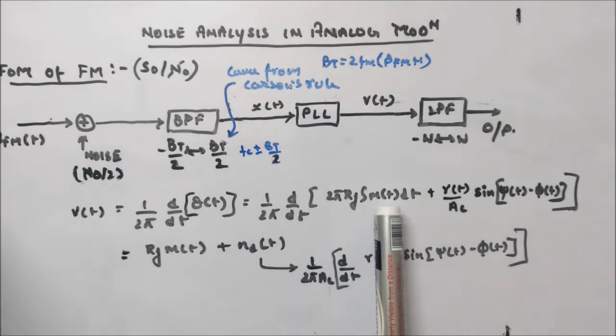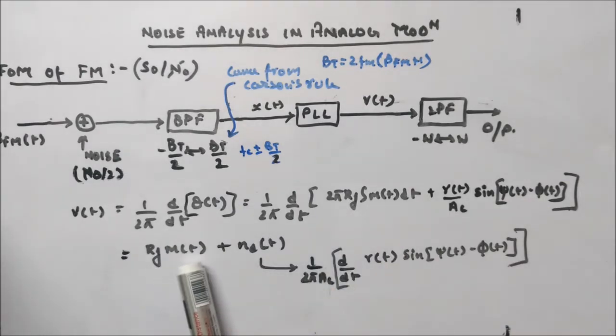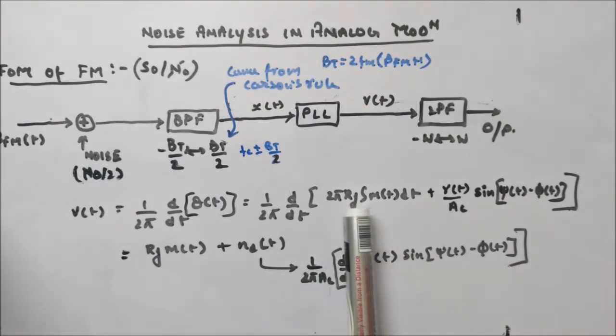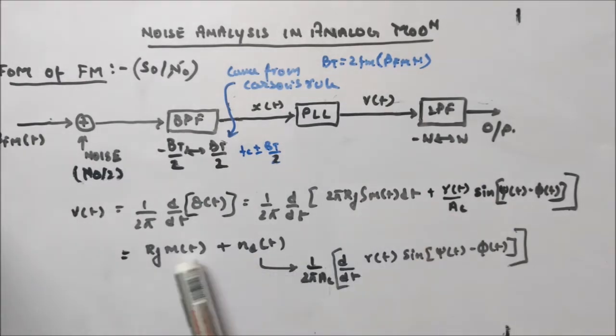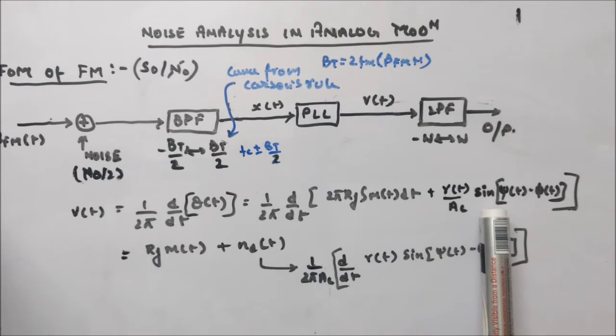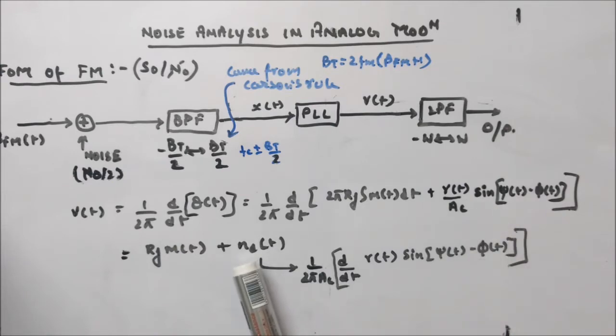If you differentiate this, you will get kf m(t), 2 pi will get cancelled, the integration will go, so m(t) plus the differentiation of the whole term divided by 2 pi, which we are representing as n_d(t). Now this thing is 1 by 2 pi AC d by dt of R(t) sine(psi(t) minus phi(t)).